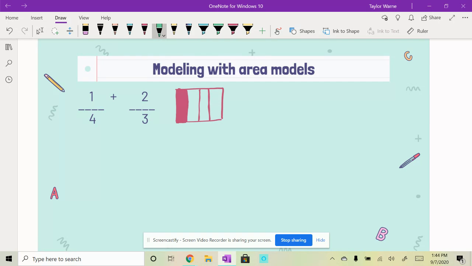Now I'm going to add 2/3. So again, I'm going to sketch this in. And this time I'm going to break my box down into 3 equal parts, and I'm going to shade 2/3 of that box.